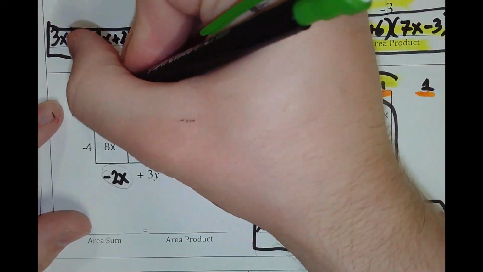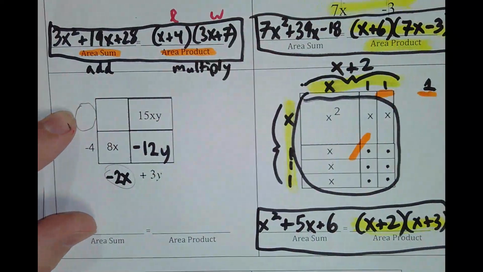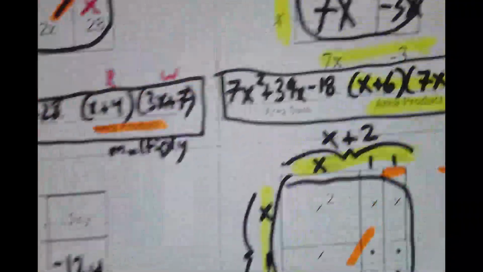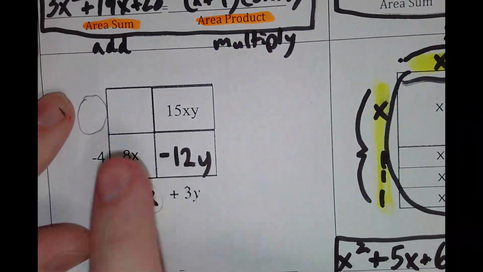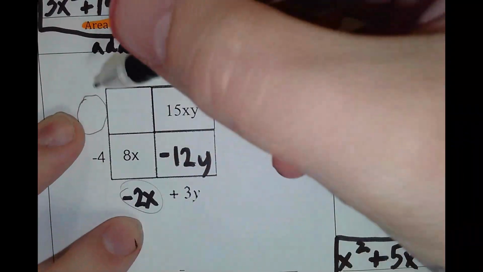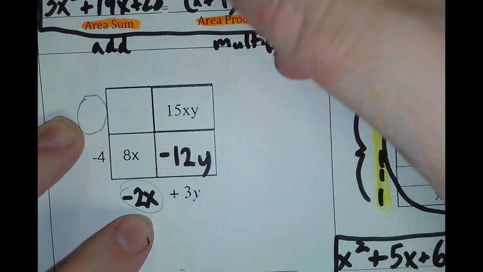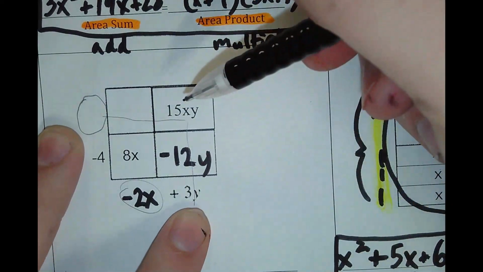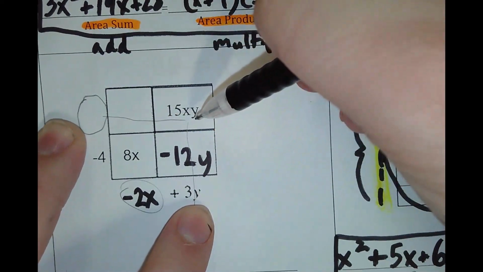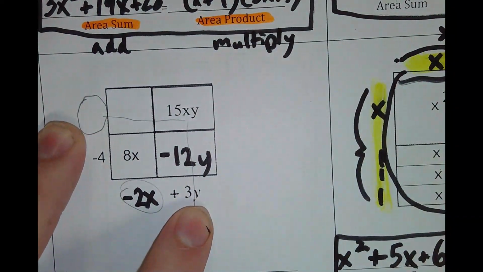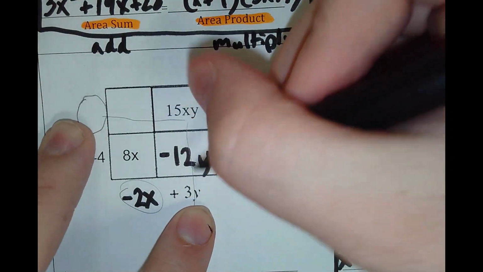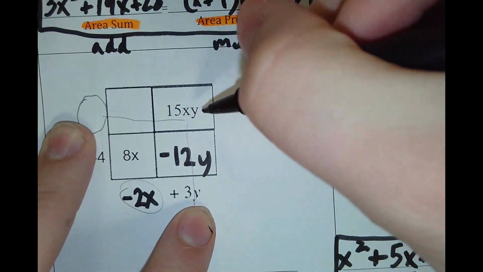Now we're going to need this piece right here. Using these two right here. 3y times what is 15xy? I did say it incorrectly the first time.